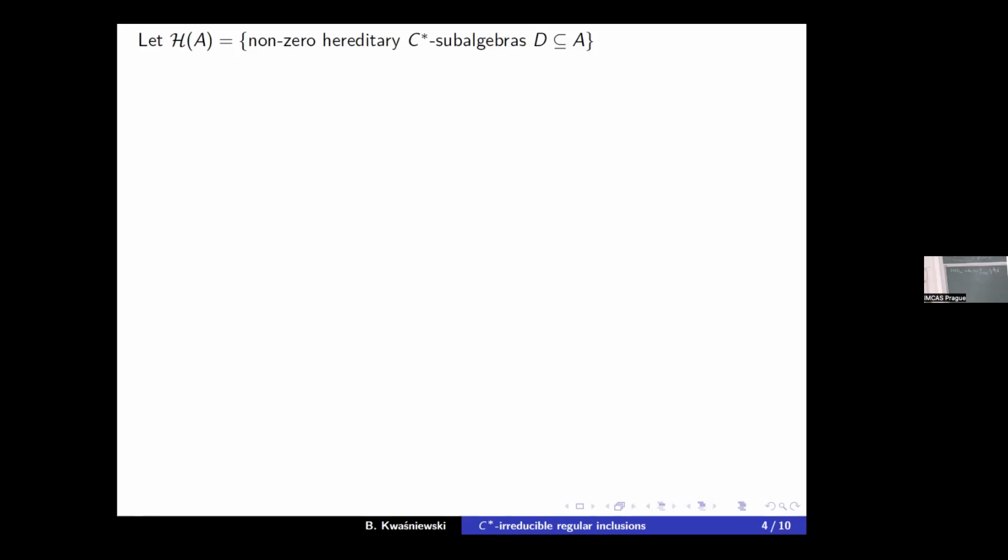So in order to introduce it, let us denote by H(A) the family of hereditary subalgebras. So what is a hereditary subalgebra? This is a generalization of an ideal. So D in B in A is hereditary.